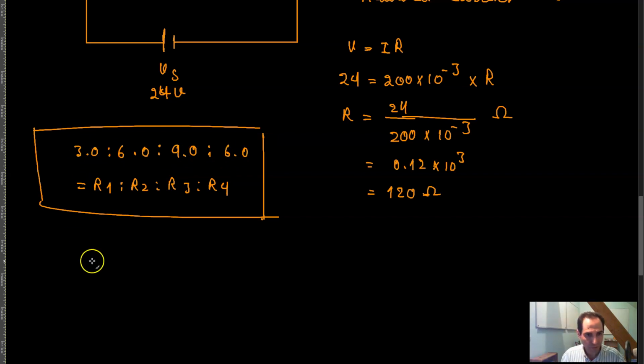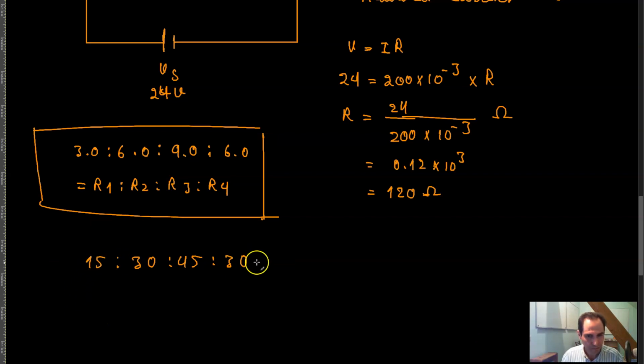By 5 would be 15, 30, 45, 30. And that would give me 60 plus 105, 120 exactly. That gives me exactly 120, I suppose. And the current remains exactly at 200 milliamps. So this would work, for example.